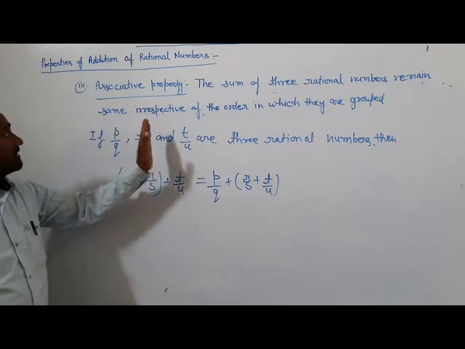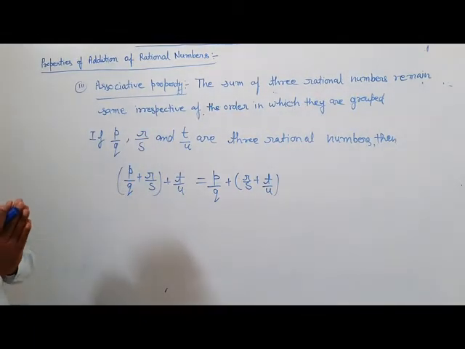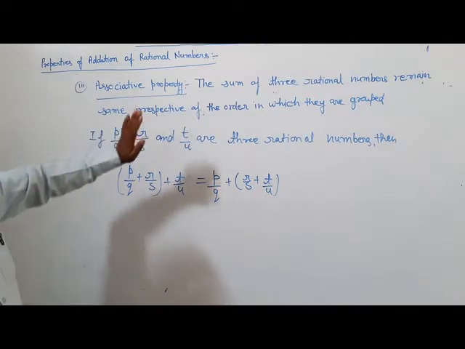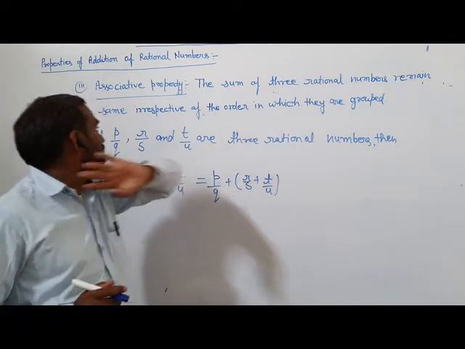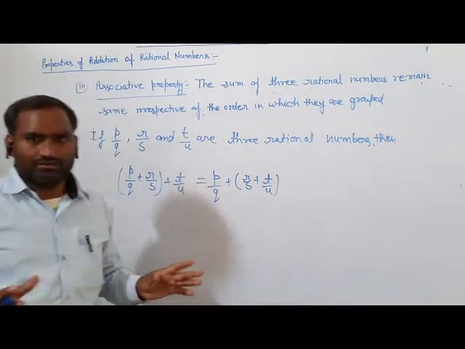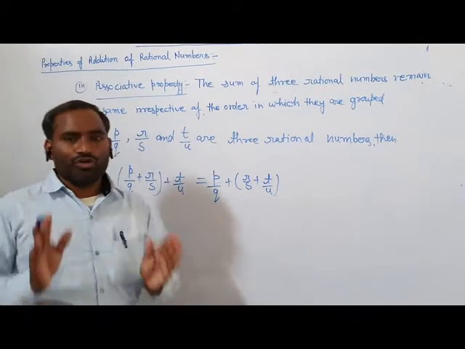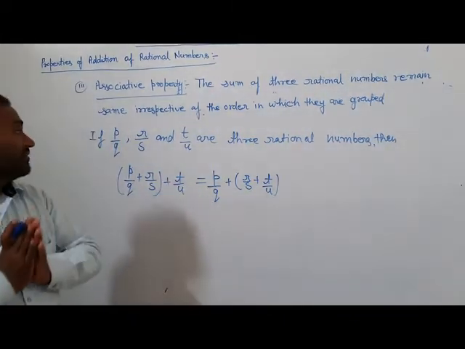In this property, it is said that if we add three rational numbers, they remain the same irrespective of the order in which they are grouped. Either you group in any order, the addition will be the same.